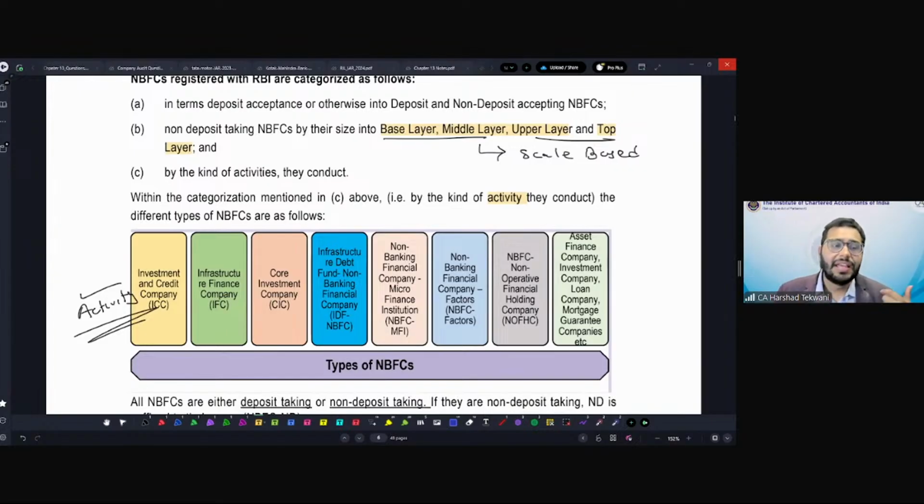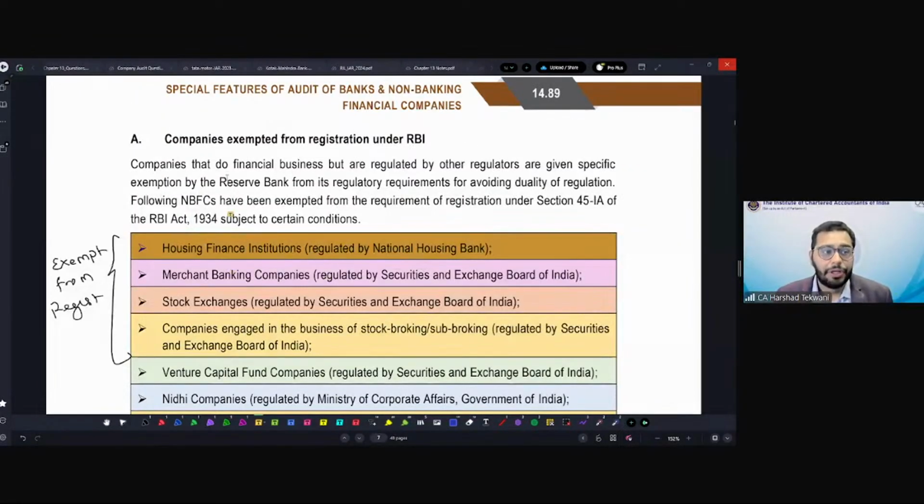Plus, we discussed that certain kinds of NBFCs are already exempt from the registration requirement under the RBI Act, because they are either governed by a different act or regulation, or they fall under some other regulatory authority apart from the RBI.